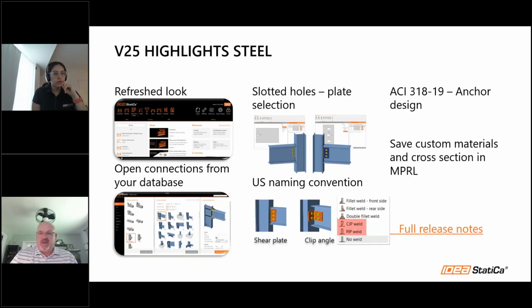Another few options that we've gotten a lot of requests for: with the anchor design, we have added ACI 318-19, so that should be a little bit more current. And another thing we've heard a lot about is being able to save custom materials and custom cross sections into the material properties library.